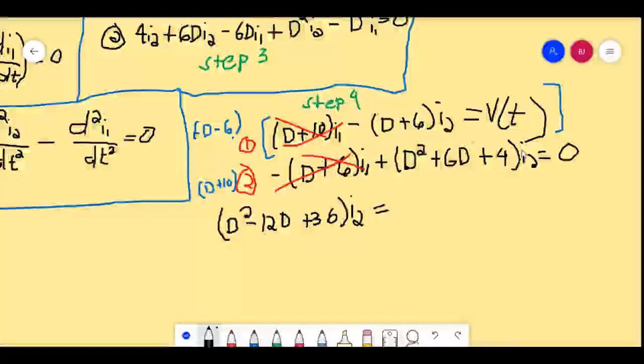I2, okay, which is equal to, I have to multiply this as well. So negative d v(t) minus 6 v(t). Okay.